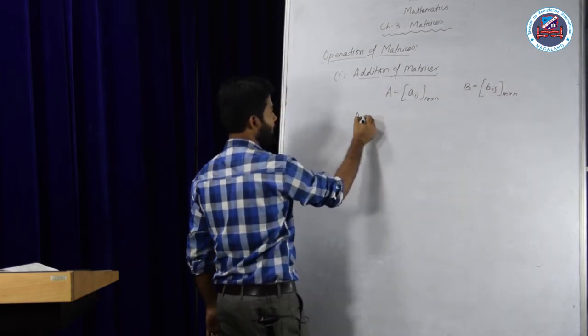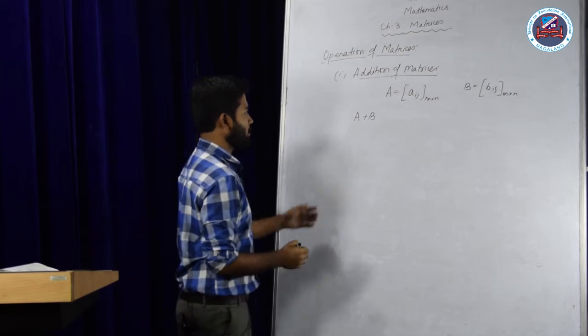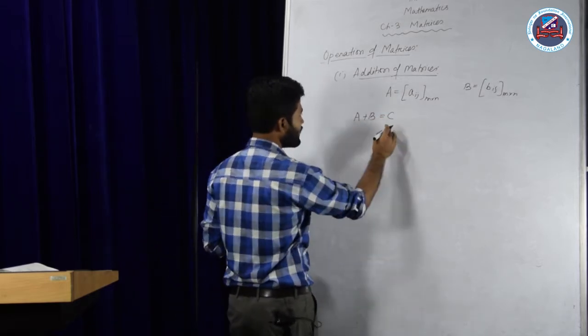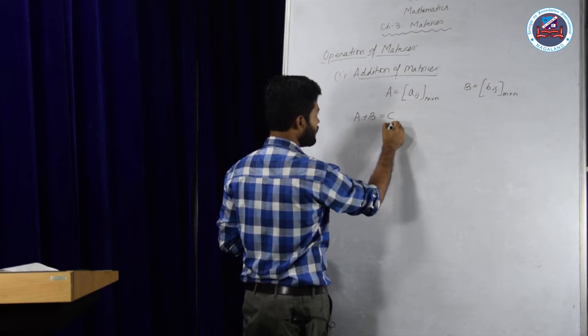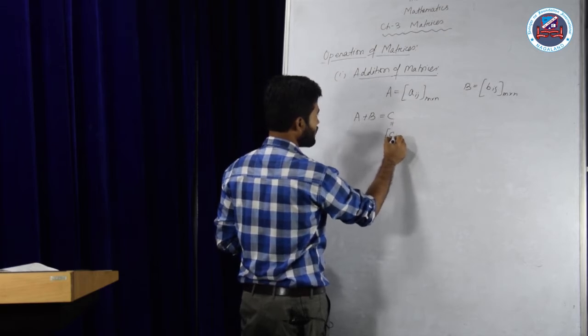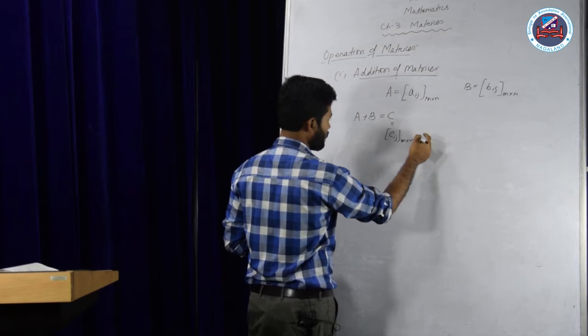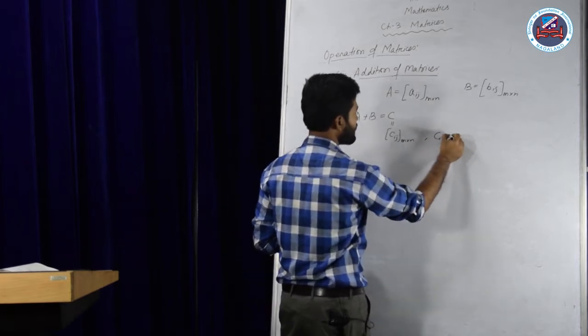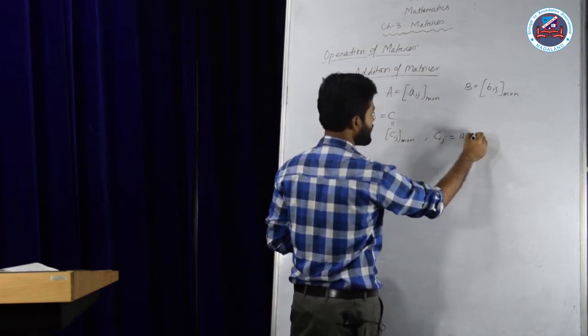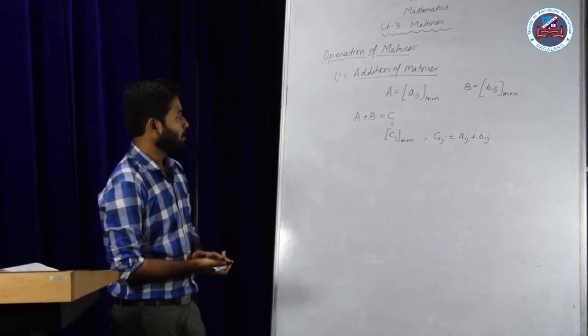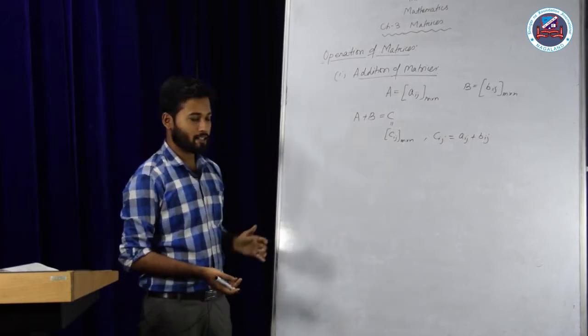Then A plus B, that is the addition of A and B, will be a matrix C, and the elements of C will be Cij, and the order will be m cross n, where Cij is equal to Aij plus Bij. Yeah? So this is the generalized definition.